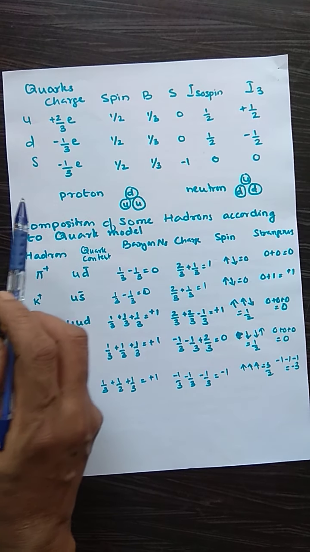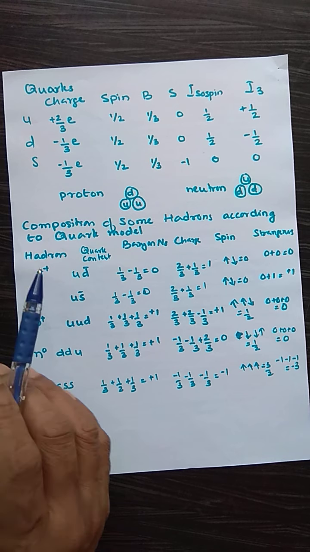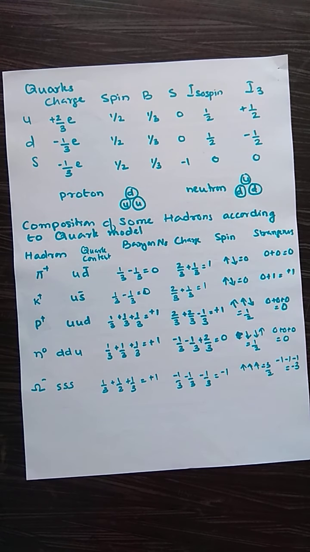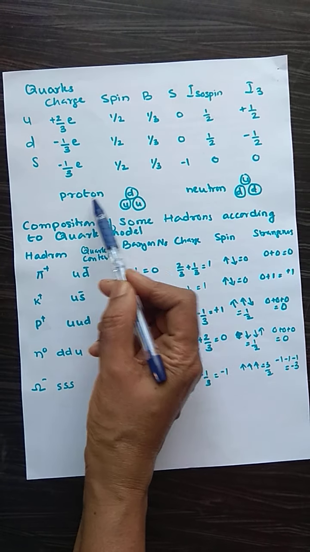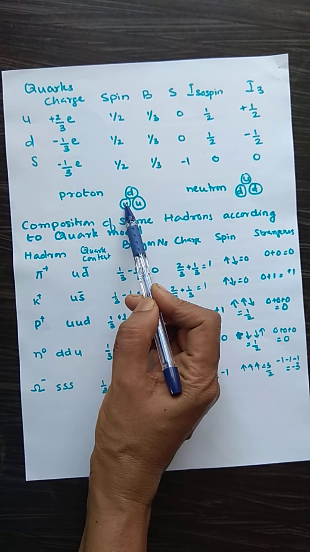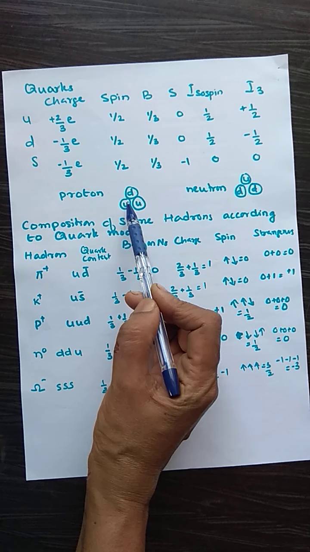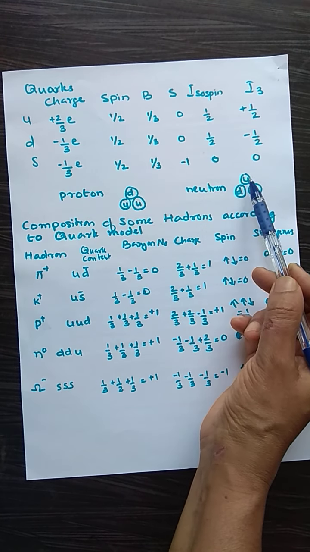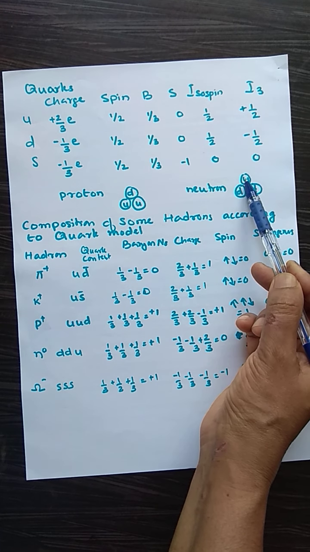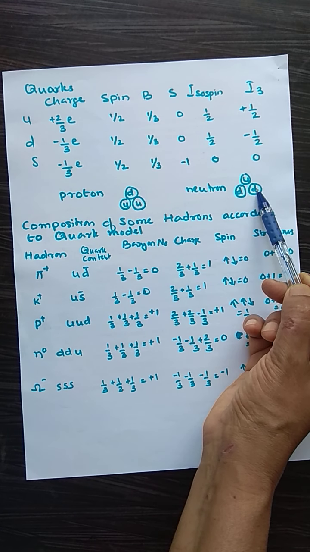If you look at a proton, the quark composition of a proton is UUD. That means there are two U quarks and one D quark. If you look at a neutron, it consists of UDD, one U quark and two D quarks.